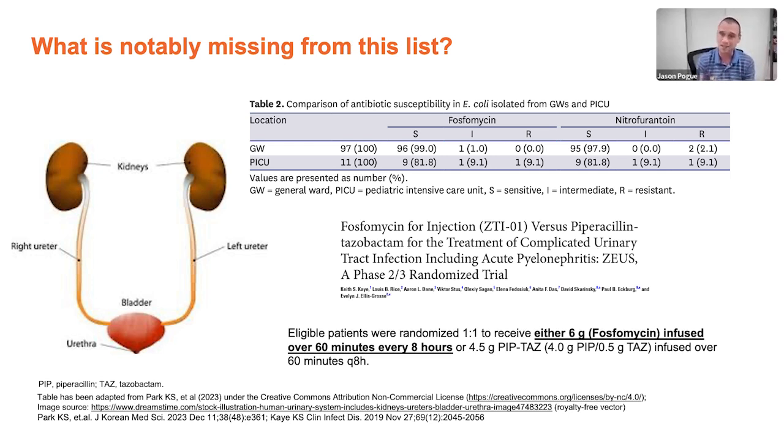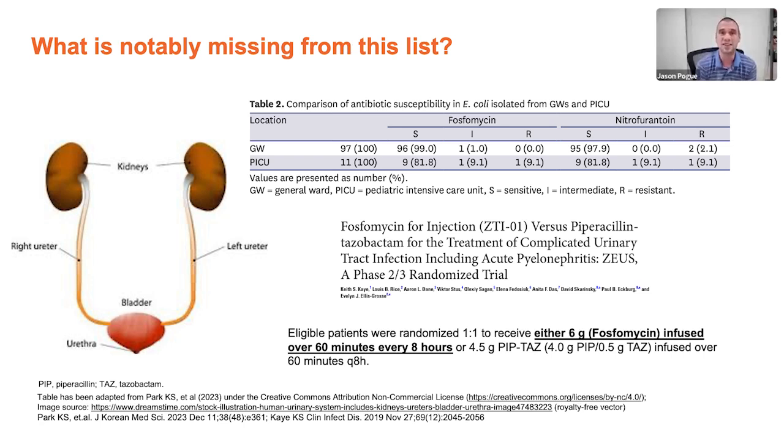Similarly, fosfomycin, think about how we give that drug for cystitis. Most common use is 3 grams times 1. So a 3-gram dose, only about a third of which is bioavailable, and a one-time dose. So you're only giving really 1 gram of that drug systemically. And just to put that into perspective, if you look at the bottom right side of the screen, there's actually an intravenous form of fosfomycin that's available as well. And it was actually studied in complicated urinary tract infections and did fantastically.